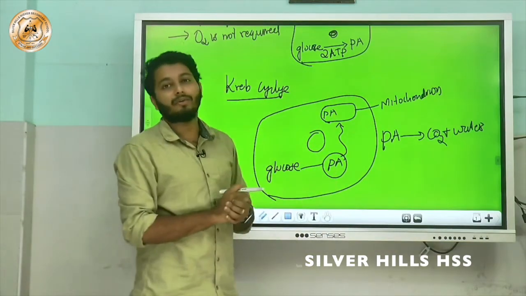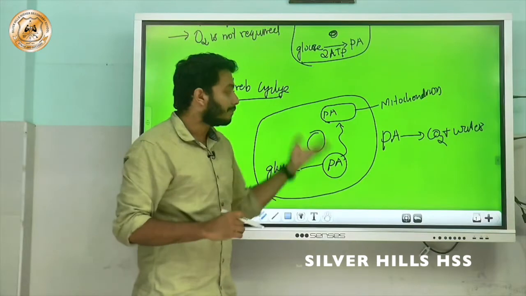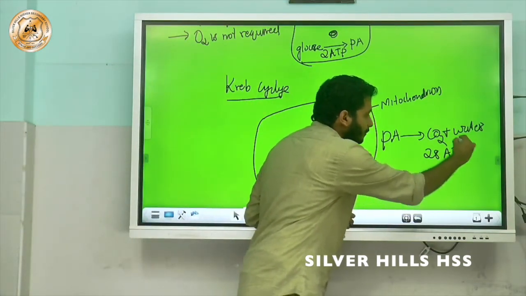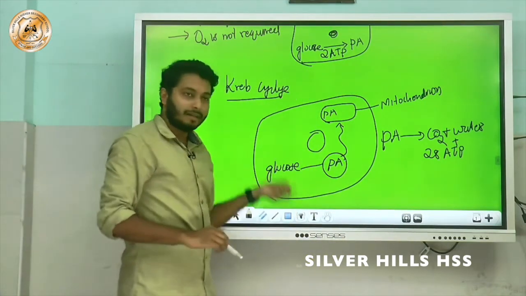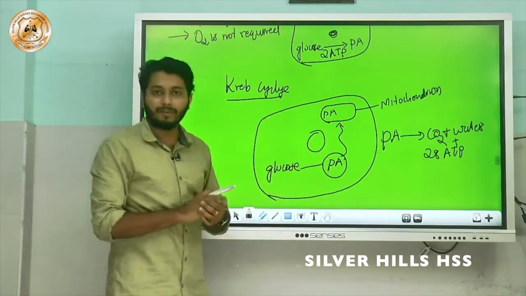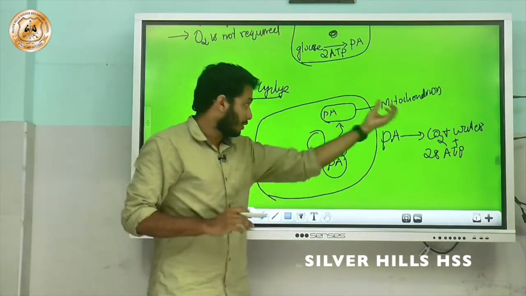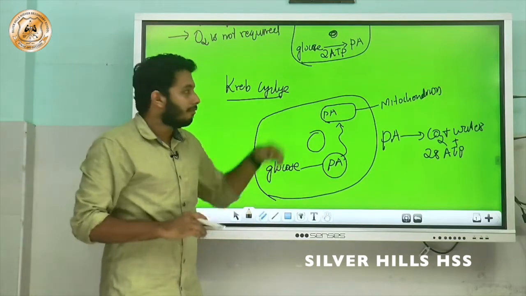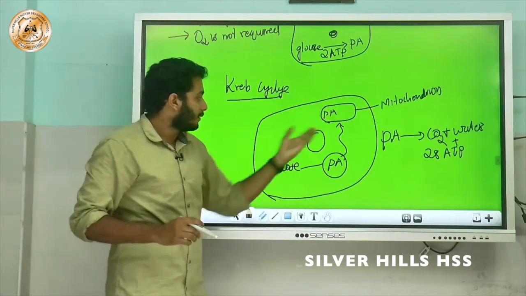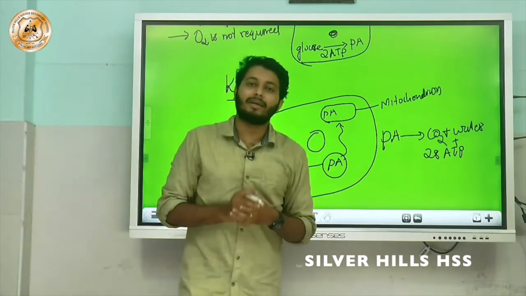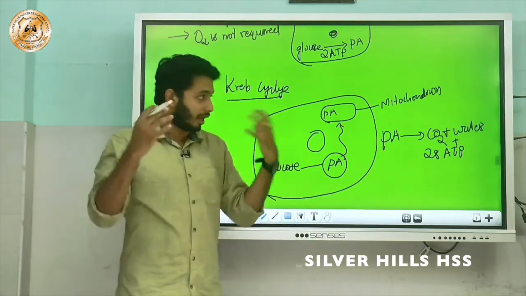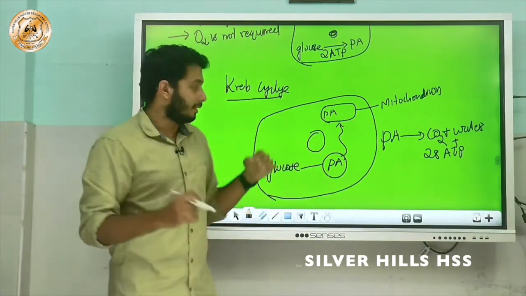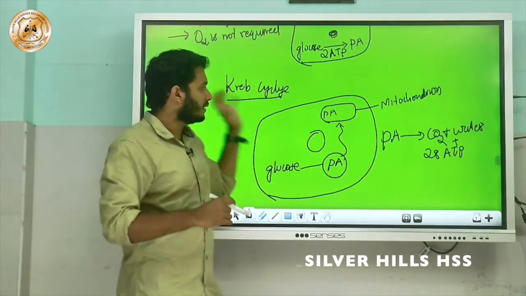The total energy produced during the Krebs cycle is 28 ATP. I repeat, the pyruvic acid formed in the cytoplasm is transported into the mitochondrion, the powerhouse of the cell, and is converted into carbon dioxide, water, and energy in the form of 28 ATP. So this is the total process.